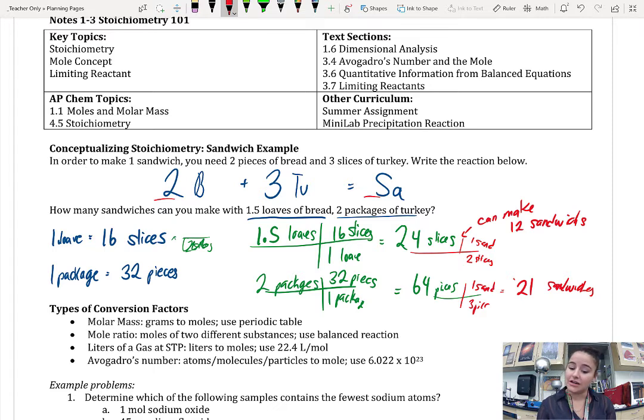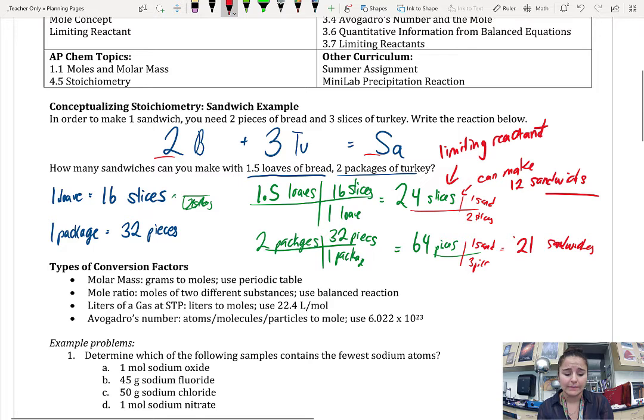So my turkey's going to be in excess, and my bread is going to be my limiting reactant. I could see how many pieces of turkey I would have left over, and I will make 12 sandwiches. Okay, cool.